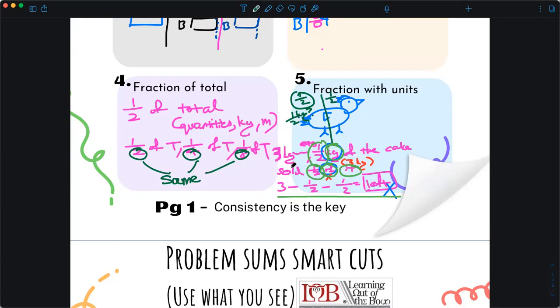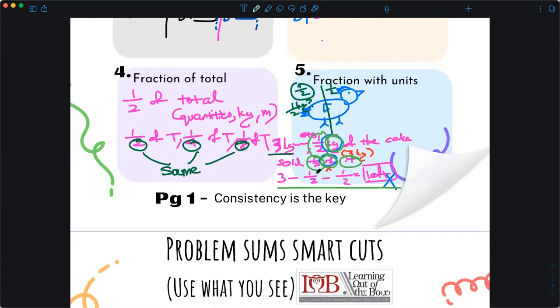So let's say I have a 3 kg cake, and then half kg is sold, and then half of it is given away. Some children may just take 3 minus half again to find what's left. A very common mistake made. So take note that this "of" is actually times, and it is referring to the whole thing, the one whole, which is 3 kg over here.